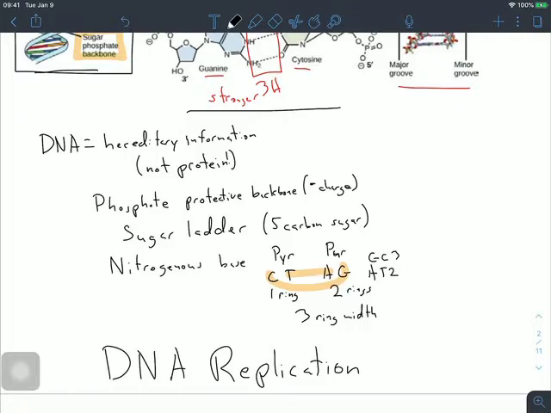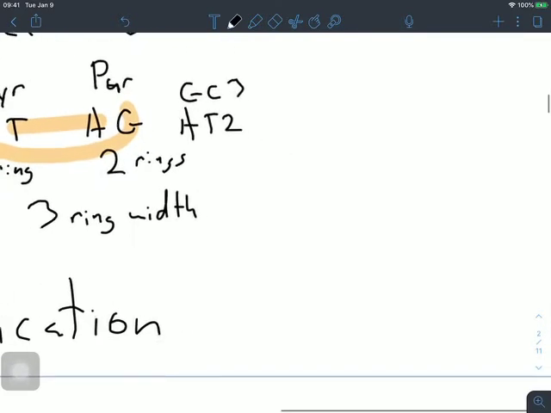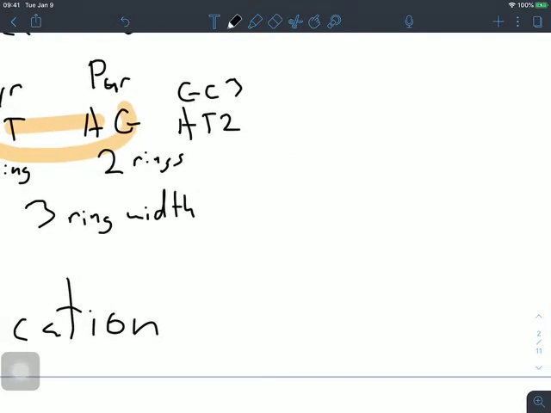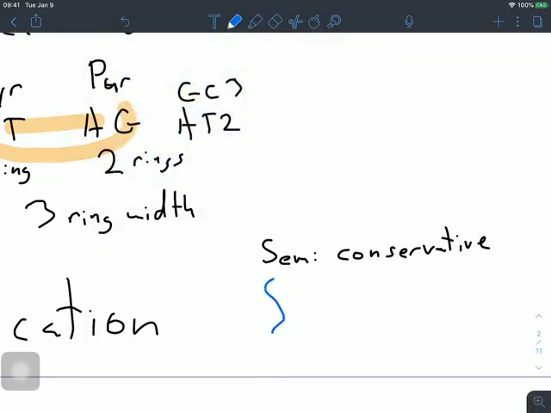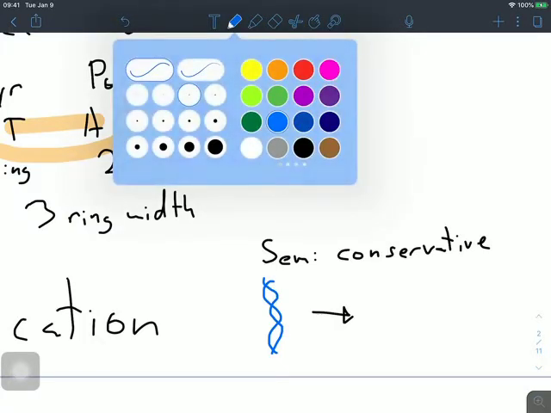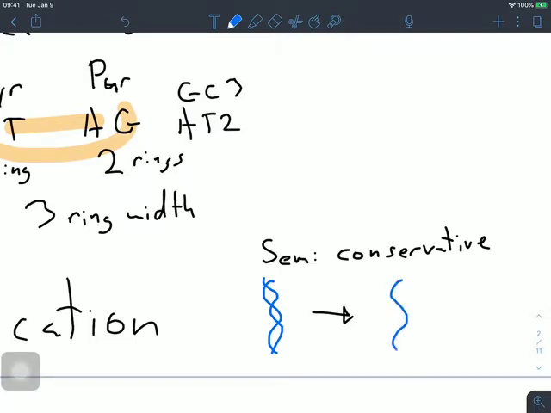So, the first thing to note about the process of DNA replication, and the first vocab term associated with this, is that it is a semi-conservative process. What this means is that you will start out with 2 DNA strands. And in order to copy them, you will end up with one of the original strands in each of the new pieces.